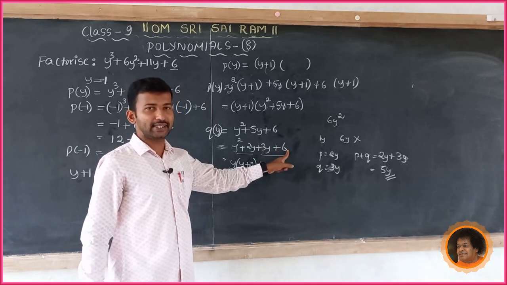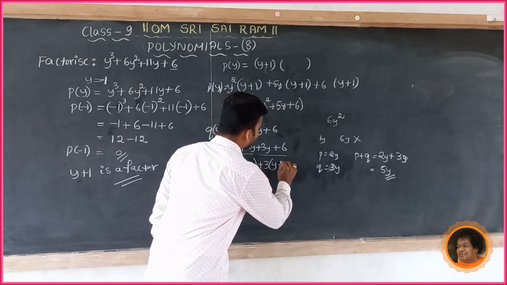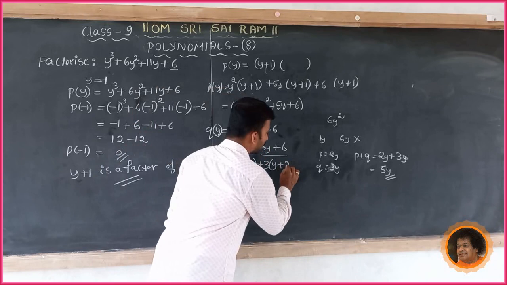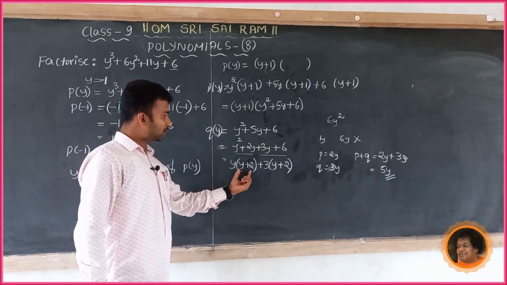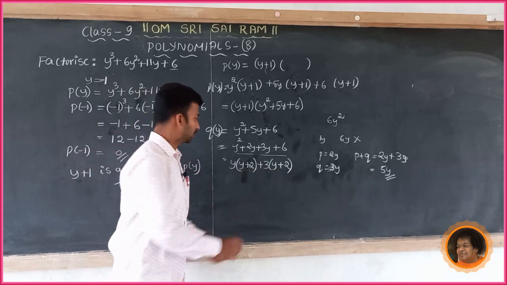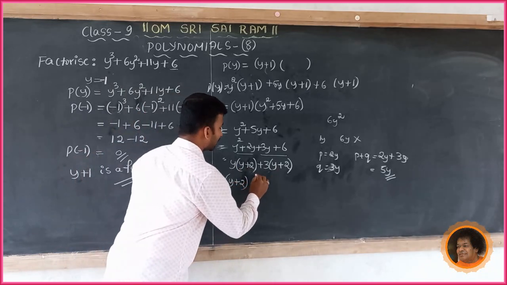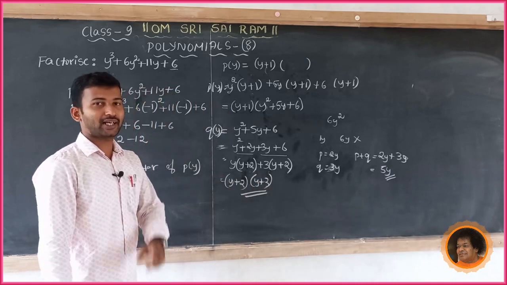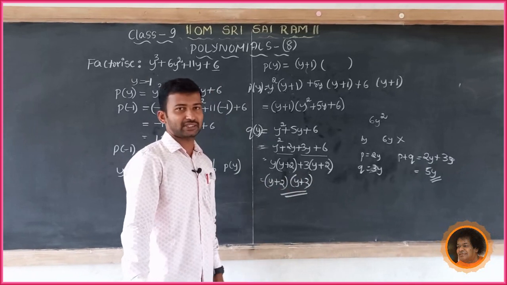So take out 3 as a common term. So we can write 3 into y, 3y, 3 into 2 is equal to 6. Y plus 2 is common again. Take y plus 2 out and write y plus 3. So we got two factors for the quadratic polynomial, y plus 2 and y plus 3.